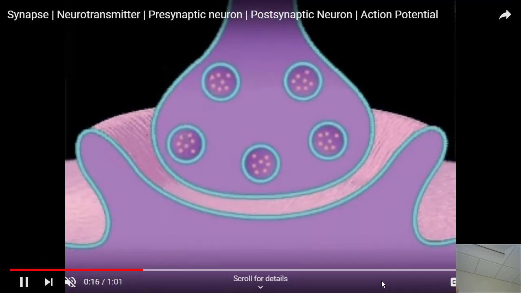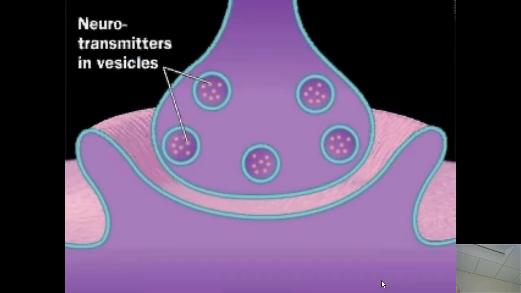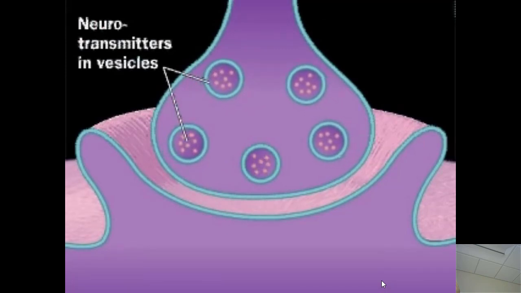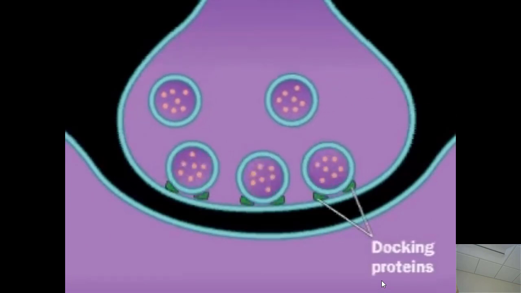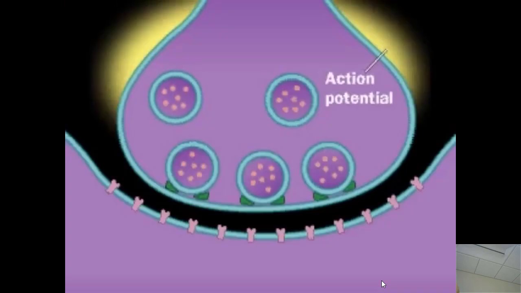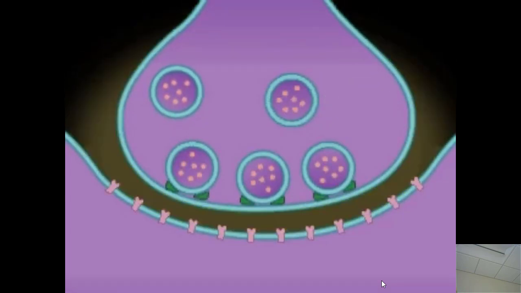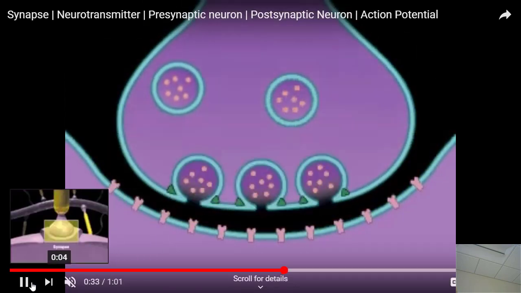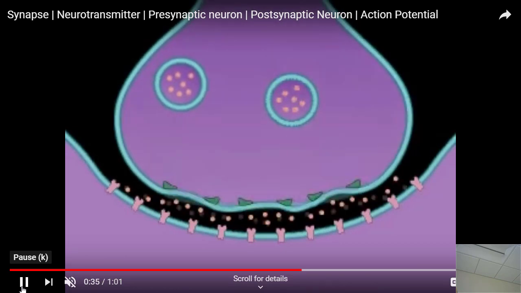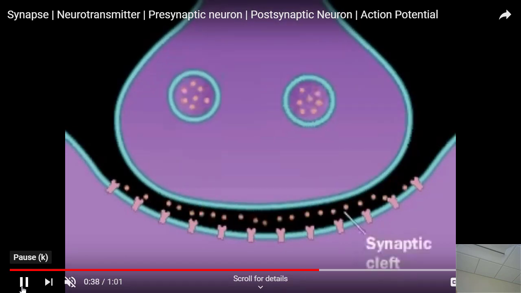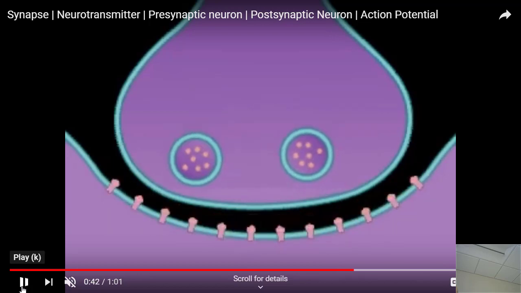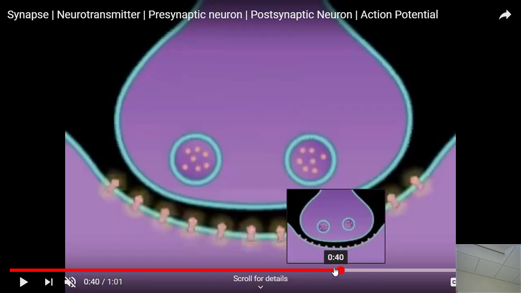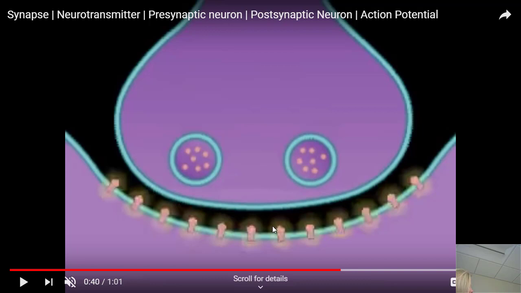So there's those secretory vesicles with neurotransmitters in the presynaptic membrane, right? So they're going to get ready to, there's the action potential causing the release of those neurotransmitters. And those neurotransmitters bind to receptors on the postsynaptic membrane. And when it binds, it didn't show that, but see how the action potential is generated now in this membrane?